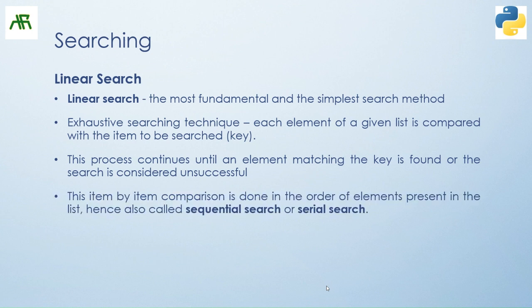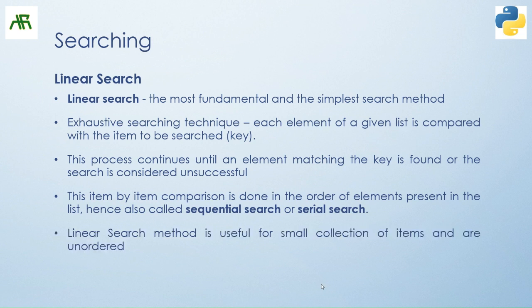This item by item comparison is done in the order of elements present in the list, hence also called sequential search or serial search. Remember, for a linear search, the target data set is unordered, and it has to go one by one. It doesn't know whether the next element is going to be large or small, like in the binary search. So it is also called sequential search or serial search.